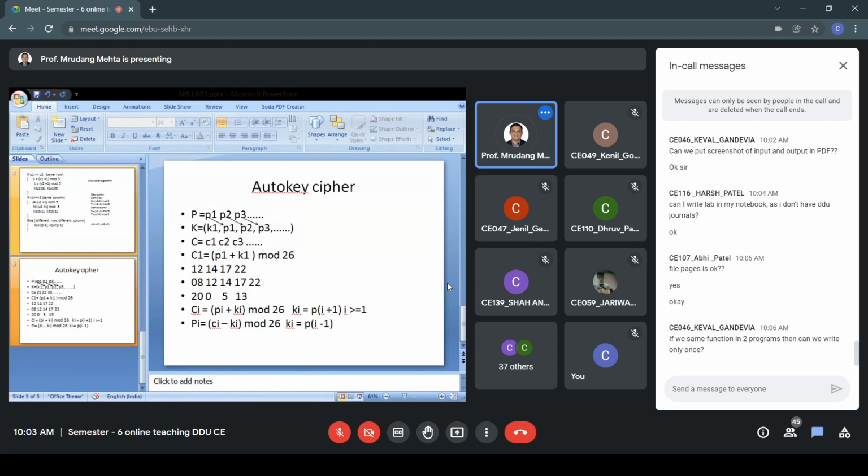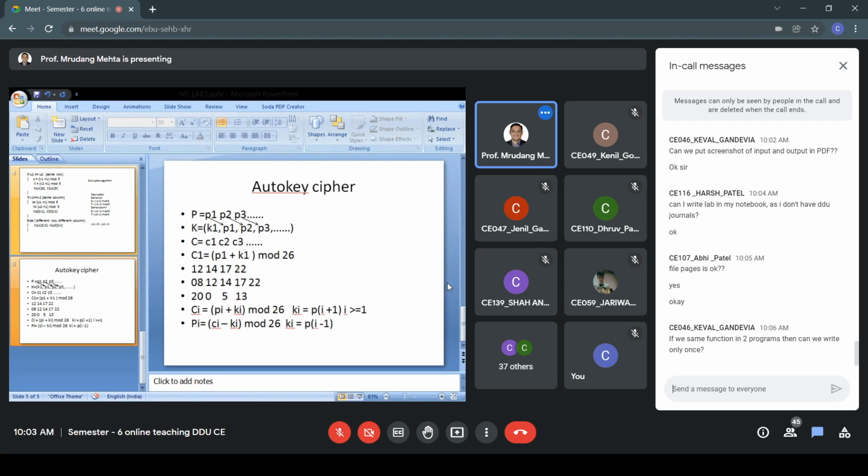If the same function is in two programs, can we write it only once? Yes, of course. That is what I was telling you: in one lab, suppose you have one function used for two programs, you can write it only once, so that will save your time. You can just write one line saying that the function definition is available in the previous program.